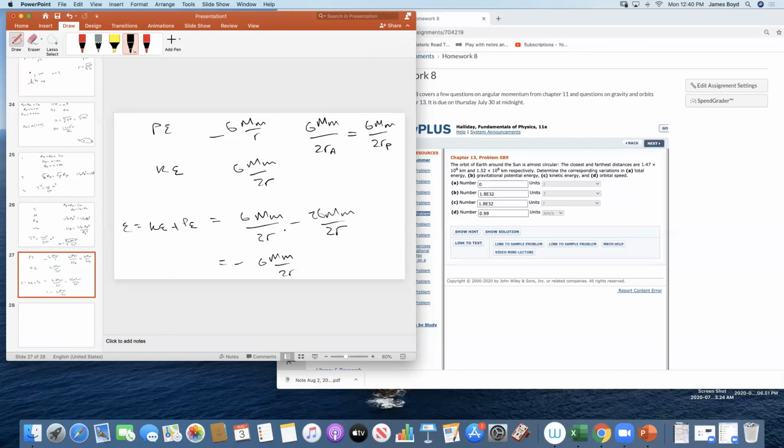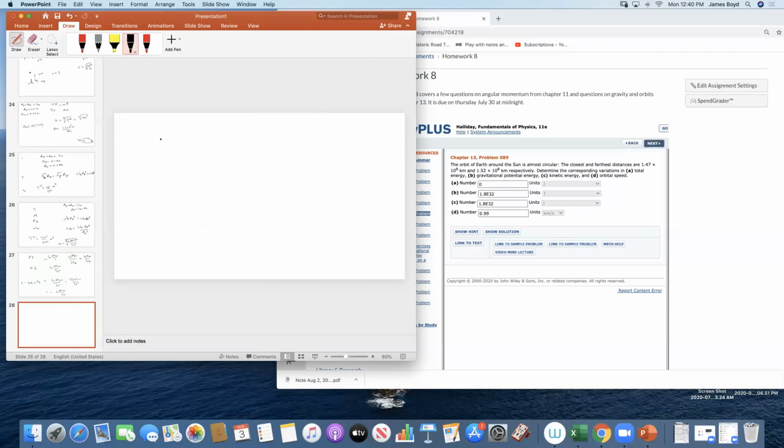But you can say that the energy here has to be equal, which means that they should cancel each other out. Whatever it loses in potential, it gains in kinetic. So really what's true is, this is really weird, right?